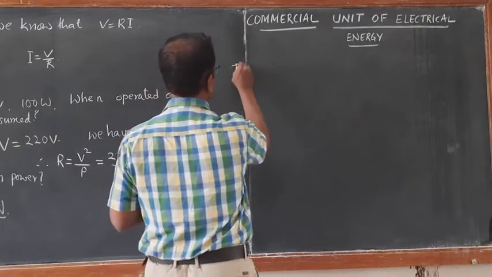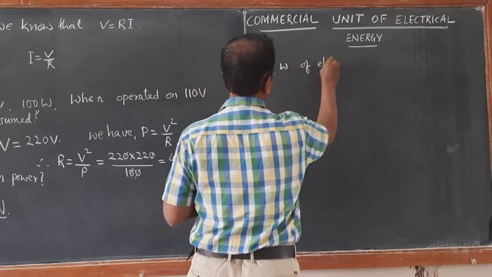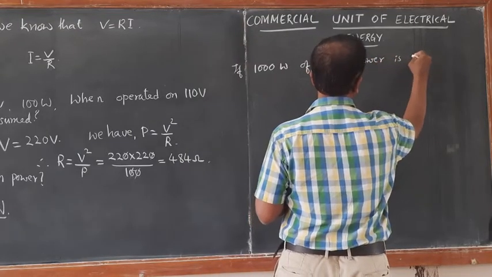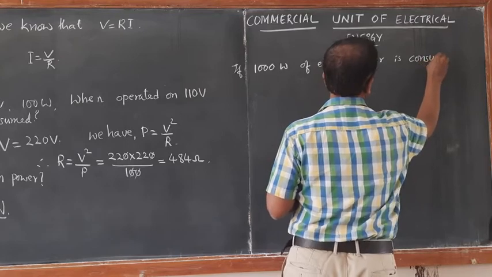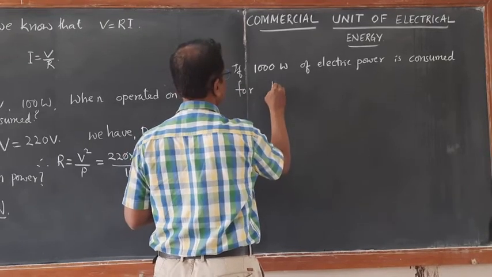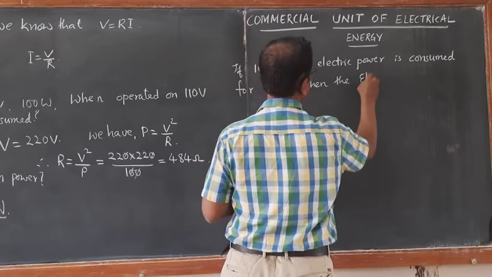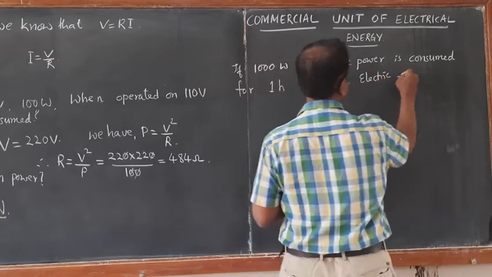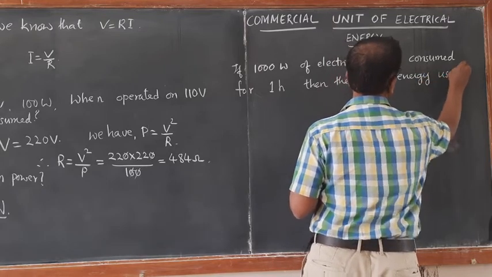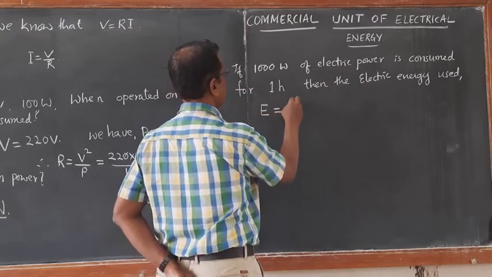So if 1000 watts of electric power is consumed or utilized for 1 hour, then the electric energy utilized, electrical energy used, we calculate it as electric energy E equal to power into time.